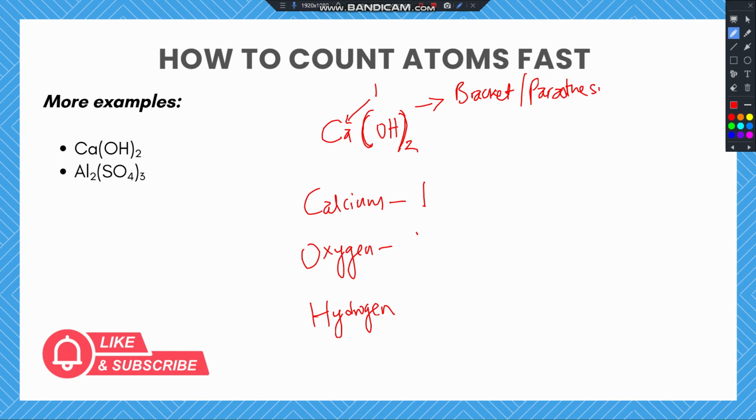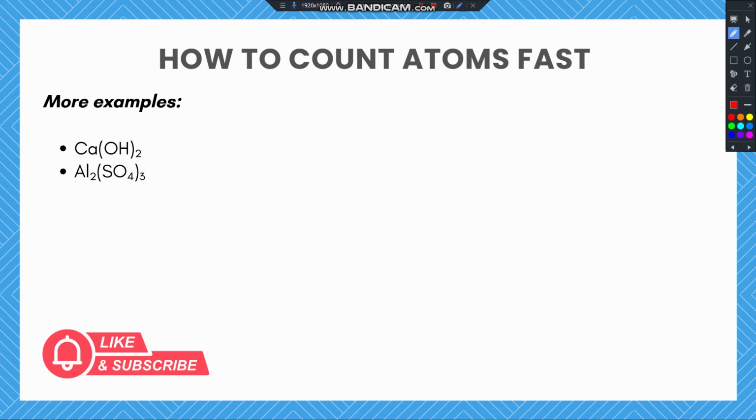This bracket simply means that whatever number stands outside of it affects everything that's inside the bracket. The number standing outside is 2, so it affects both the hydrogen and the oxygen. So oxygen automatically becomes 2 atoms, as well as hydrogen. That's the number of atoms of each element that are present.